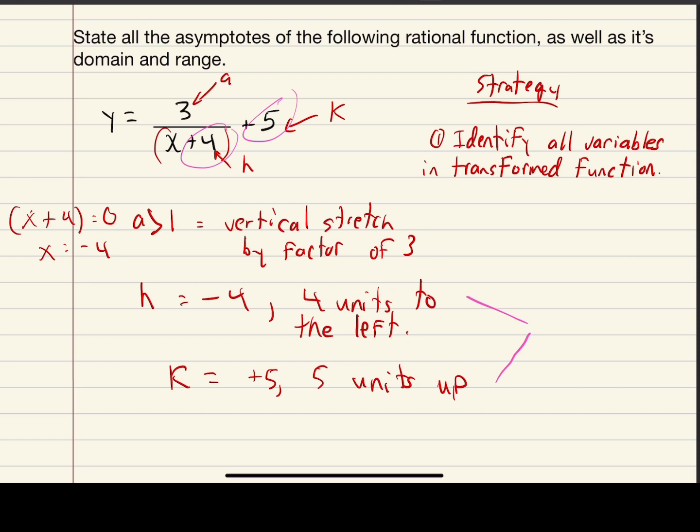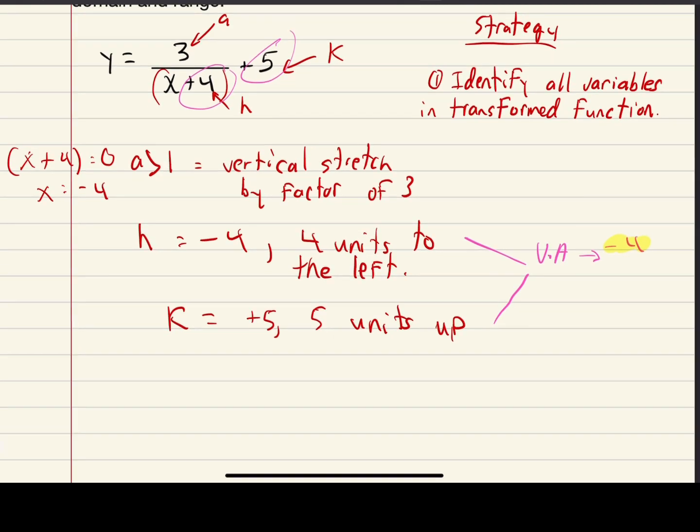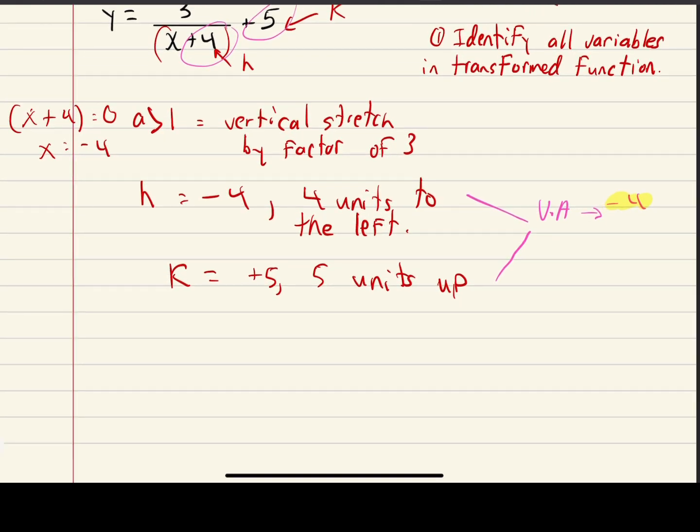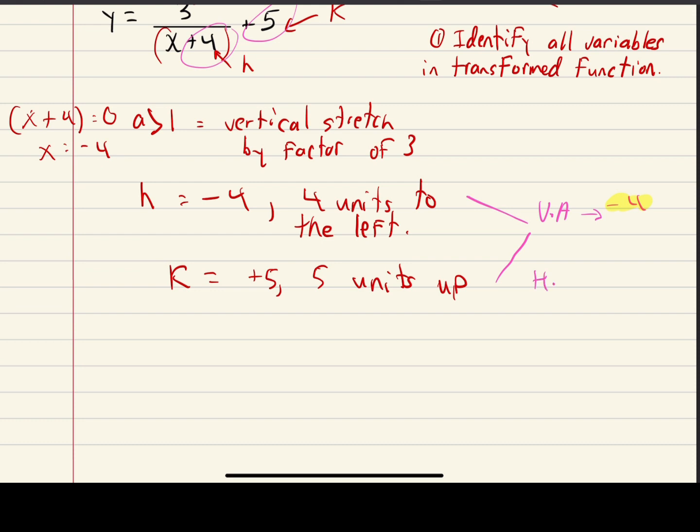So we know that it'll have a vertical asymptote of negative 4, since if we plugged in negative 4, that would make the denominator equal 0. And then here, our k value tells us that there's a horizontal asymptote at 5, and positive 5 specifically.